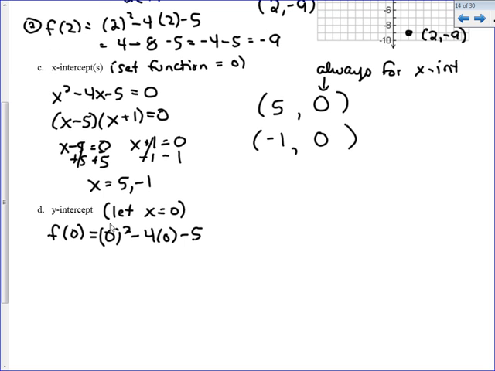So 0 squared, 0. Negative 4 times 0, 0. So what I'm left with is f of 0 equals negative 5.